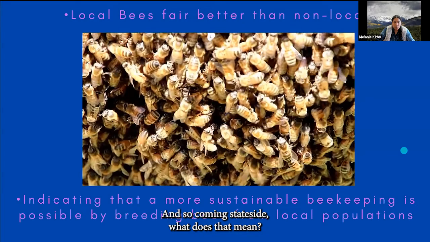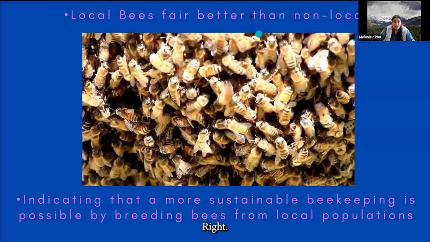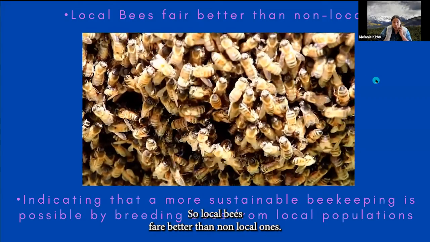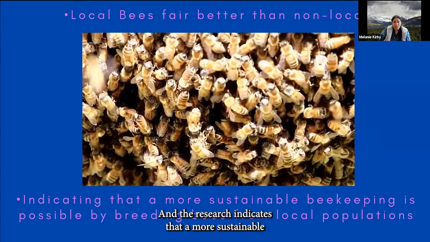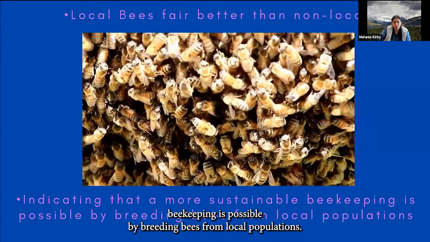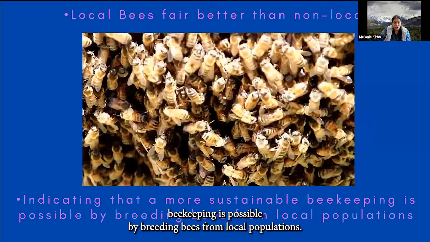And so coming stateside, what does that mean, right? So local bees fare better than non-local ones. And the research indicates that a more sustainable beekeeping is possible by breeding bees from local populations.